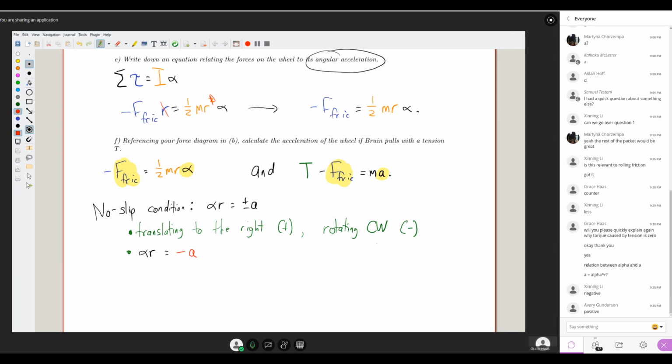You might say, all right, let me solve for alpha and plug in alpha. But I can do better than that. I know alpha times r, and I have a formula for alpha times r, so I can plug in for both of those variables at once.